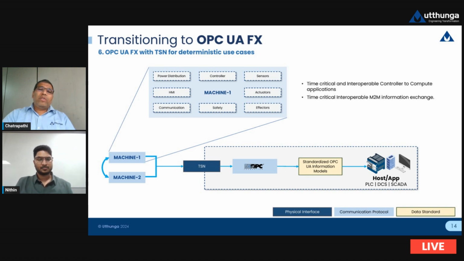And if you want to apply determinism for these specific communications, what kind of configurations you should do and push to these TSN based networking components, and so on.